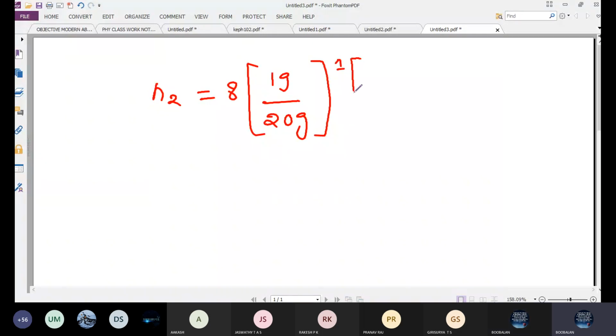Next, L1 divided by L2, L1 value 1 centimeter, L2 value 5 centimeter, power -3.